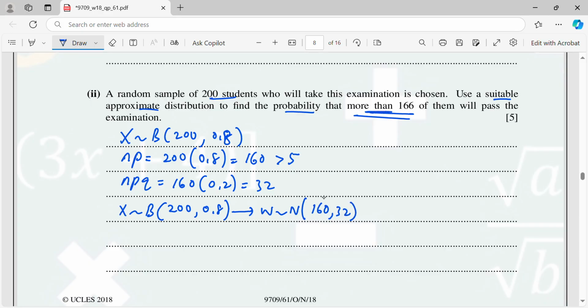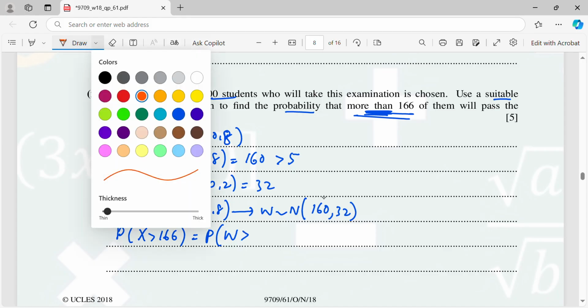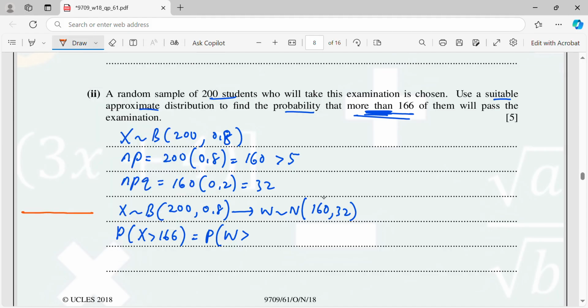Okay, now calculate the probability of more than 166. So P(X more than 166), you change to P(W more than ...). Now binomial is discrete, changing to normal, which is continuous, so we need to carry out the continuity correction. Which means you mark this value, more than 166.